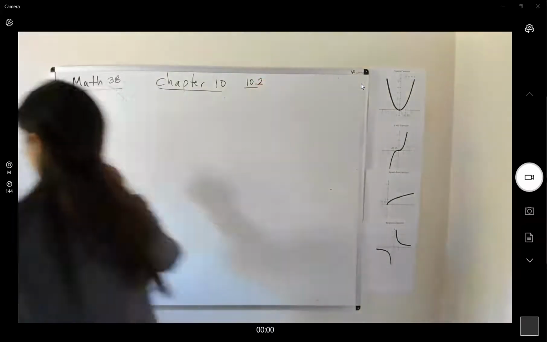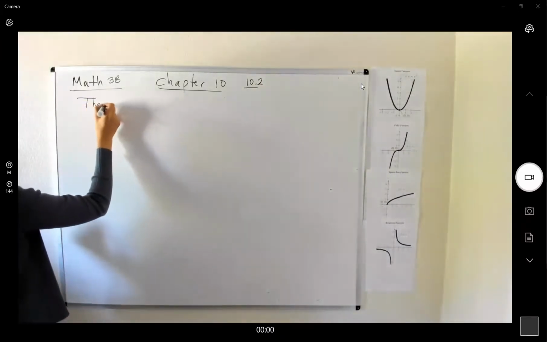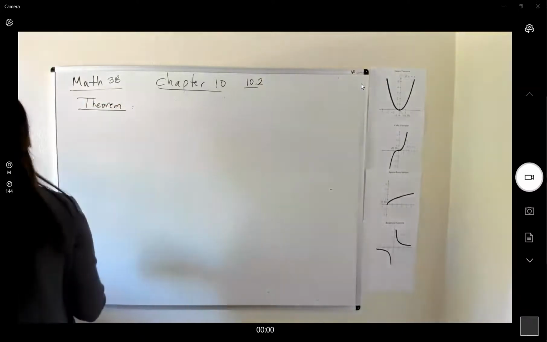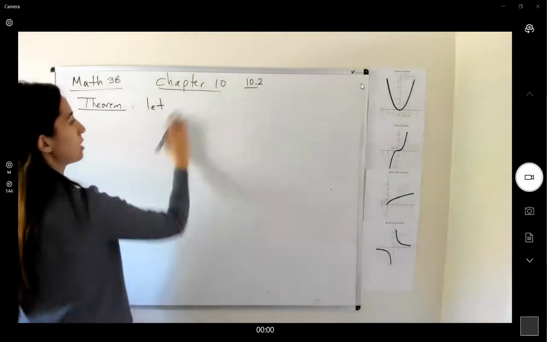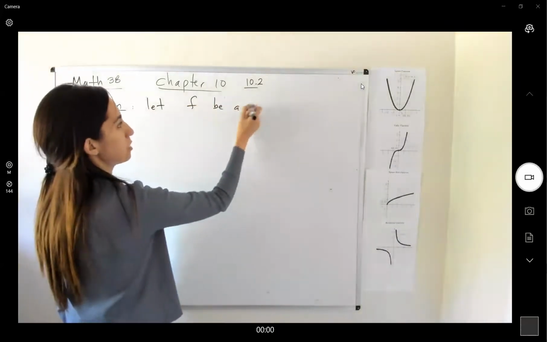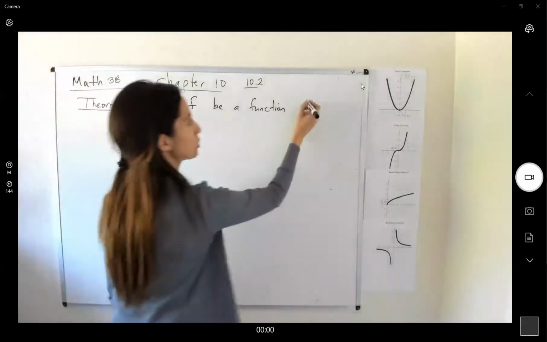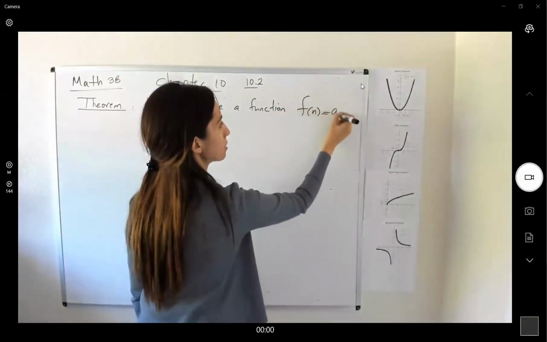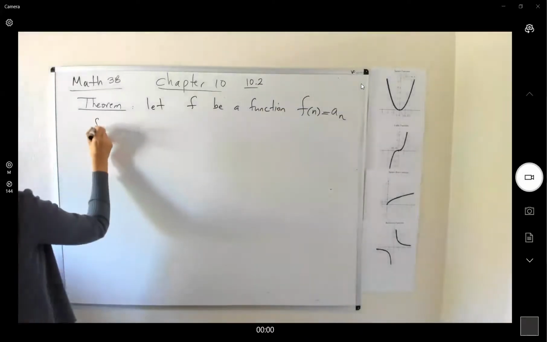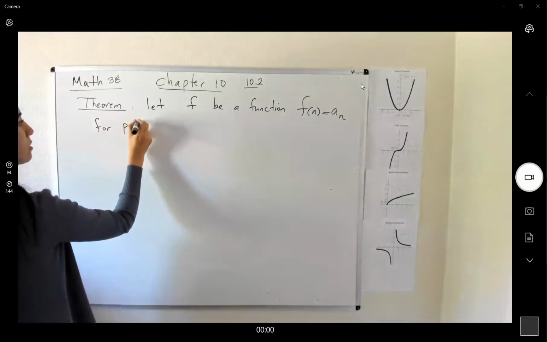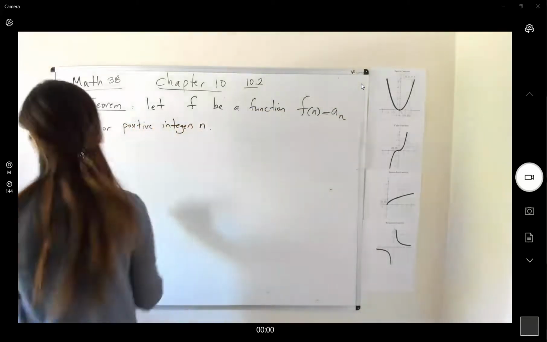10.2, theorem. Suppose f is a function, and we define this function this way. We say that f of n is equal to a sub n for positive integers n.